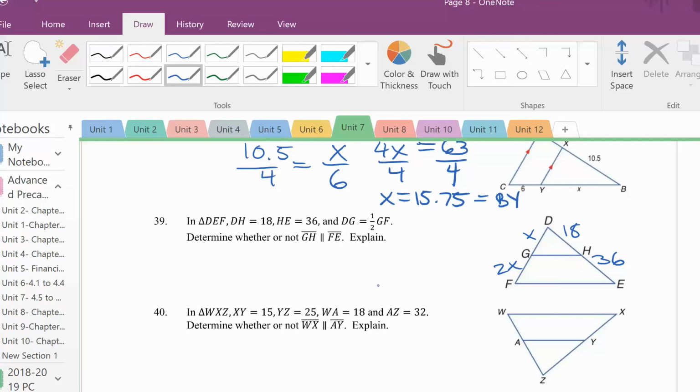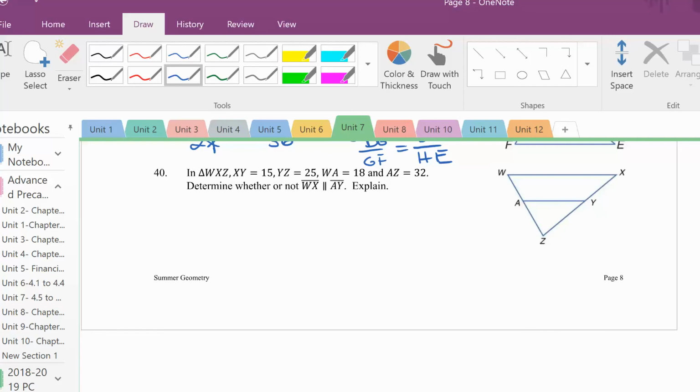Well, does x over 2x equal 18 over 36? And you can cancel the x's, so does 1/2 equal 18 over 36? And the answer is yes. That is parallel since DG over GF is equal to DH over HE.